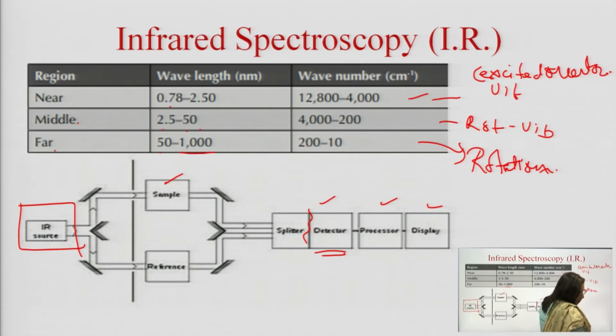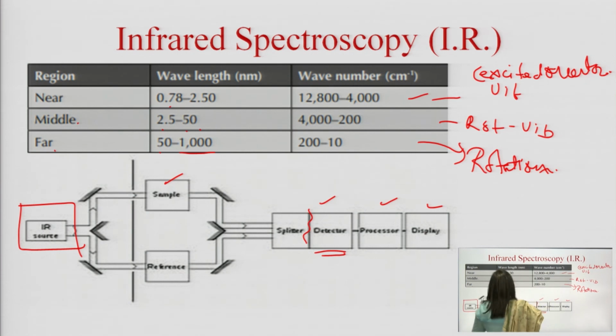Next was IR, where the IR was divided into three regions: near, middle and far. The near ranged from 0.78 to 2.5 micrometer, middle from 2.5 to 50 micrometer and far from 50 to 1000 micrometer.